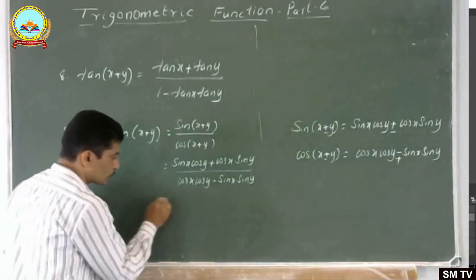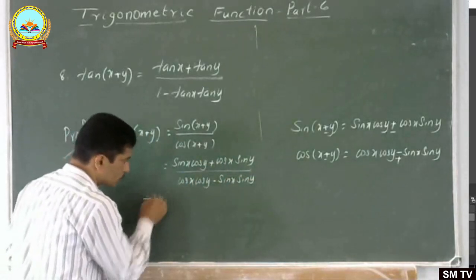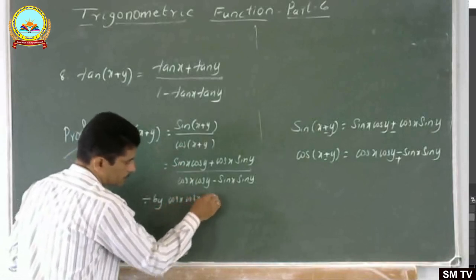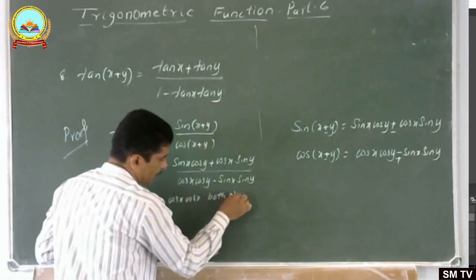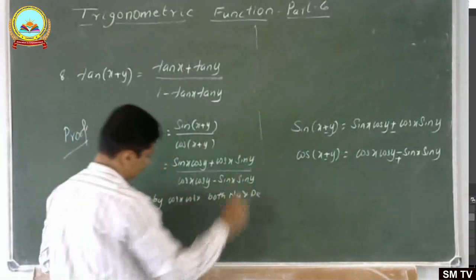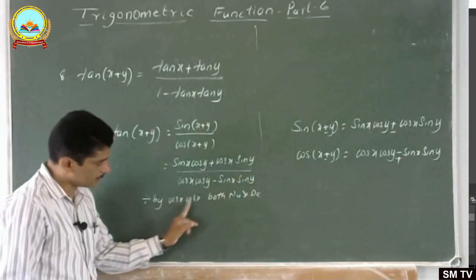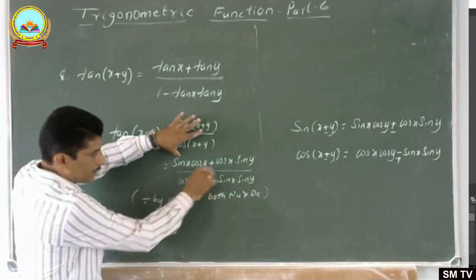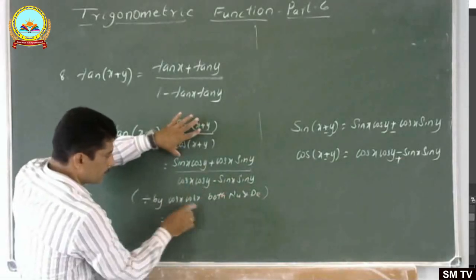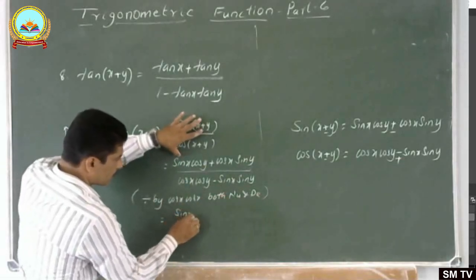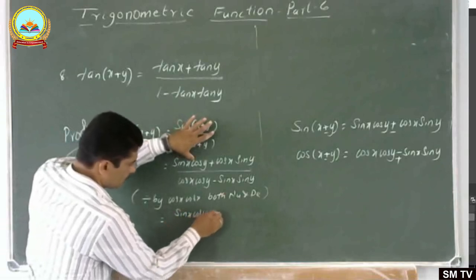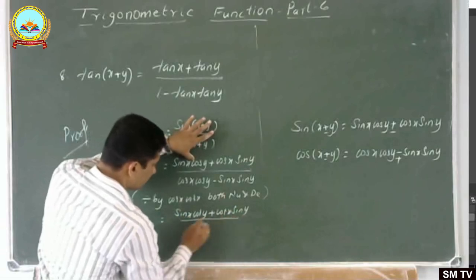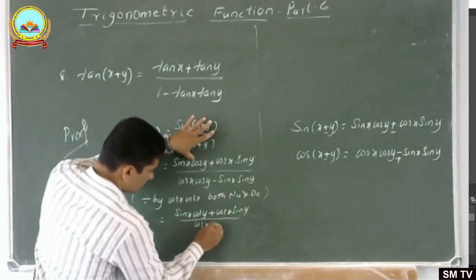Suppose we divide both numerator and denominator by cos x into cos y. It means in the numerator, sin x cos y plus cos x sin y, divided by cos x cos y.